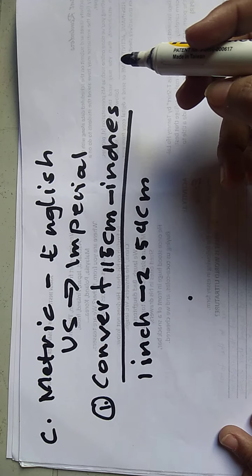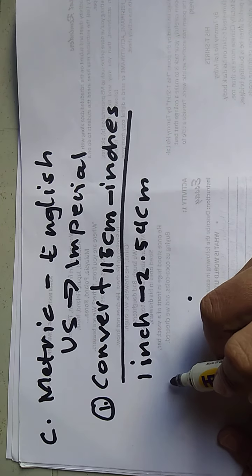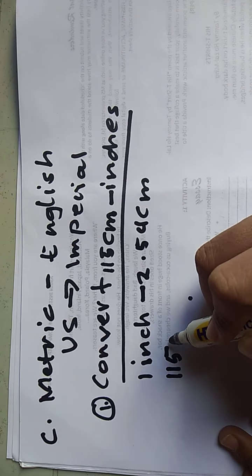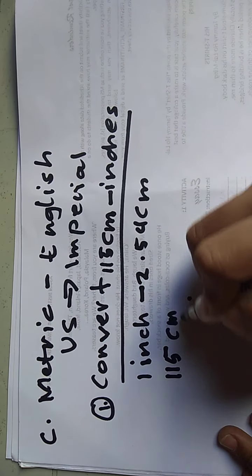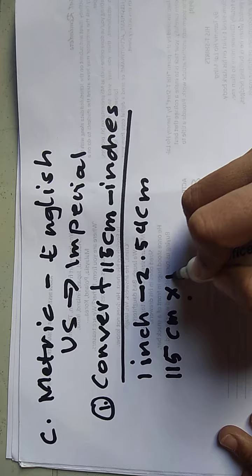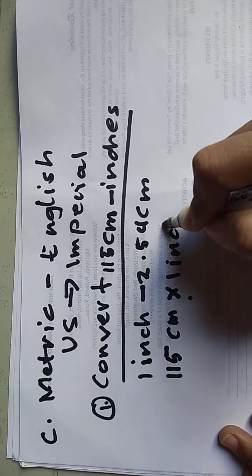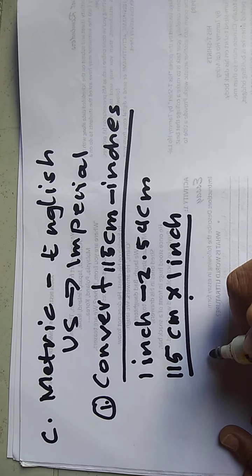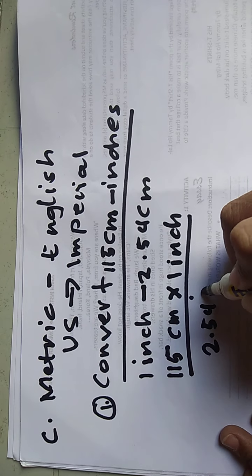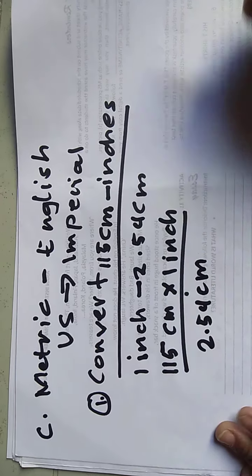Okay? So, therefore, the ratio will be 115 centimeter times 1 inch divided by 2.54 centimeter. Okay?